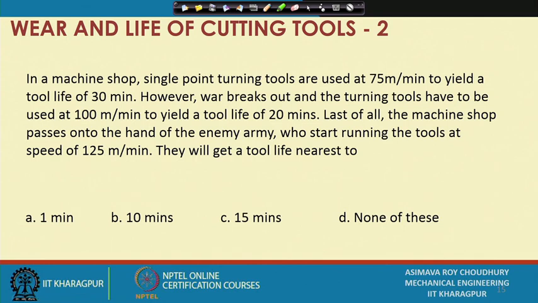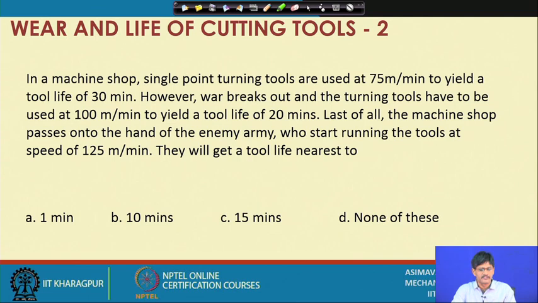Let us see. In a machine shop, single point turning tools are used at 75 meters per minute to yield a tool life of 30 minutes. So, you are using it at 75 meters per minute and the tool life is 30 minutes.